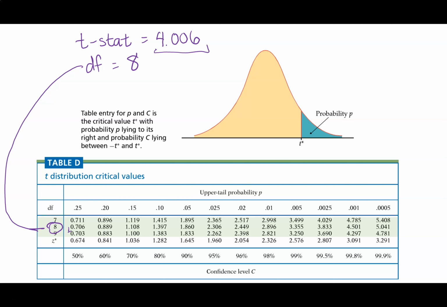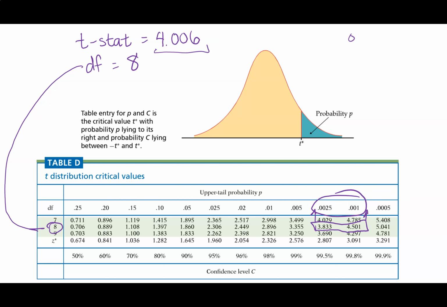It's not between these two numbers, but these numbers are getting bigger. I would argue that 4.006 is between 3.833 and 4.501. I'm not sure exactly where in there it is, but it's somewhere in between those two numbers. So I go up.